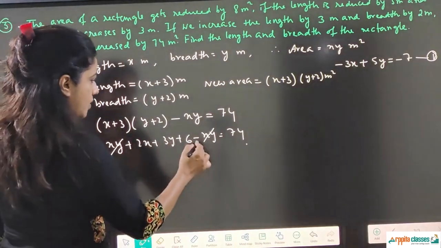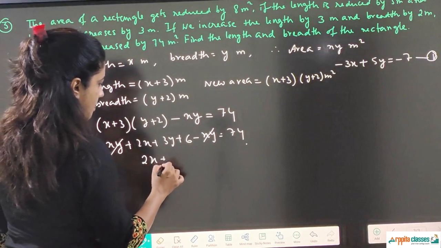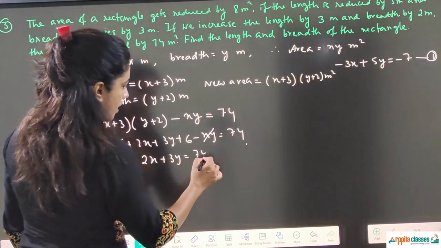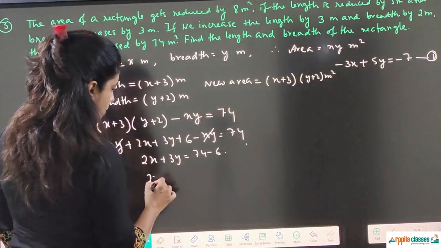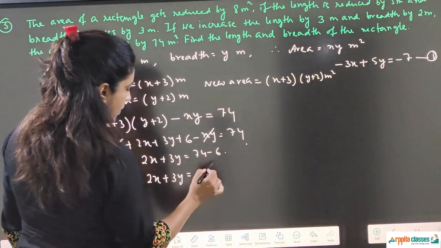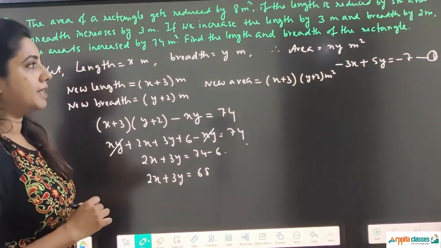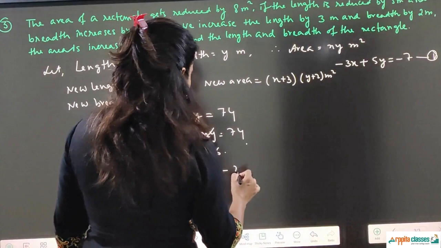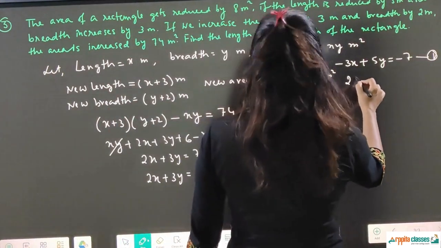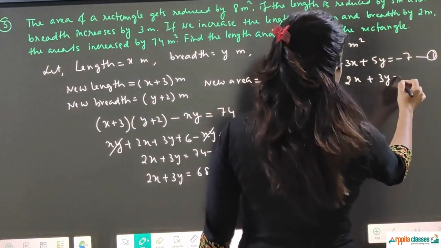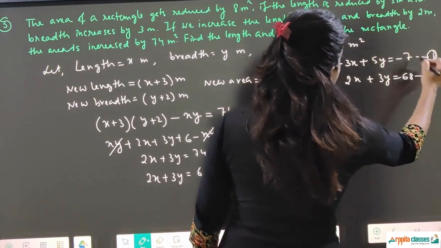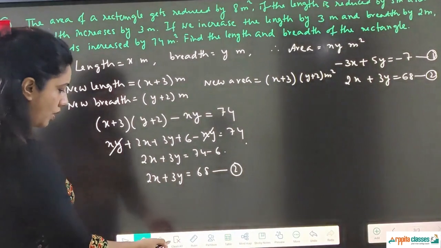So xy and xy get cancelled. 2x plus 3y is equal to 74 minus 6. 2x plus 3y is equal to 68. This is my second equation. So I'll write the second equation over here: 2x plus 3y is equal to 68. That's my second equation. So now we need to solve them.